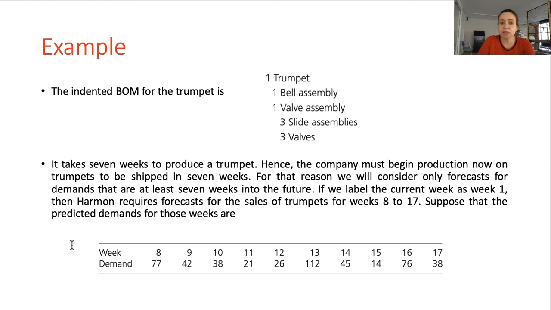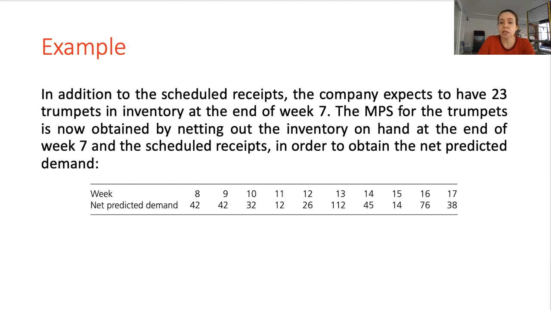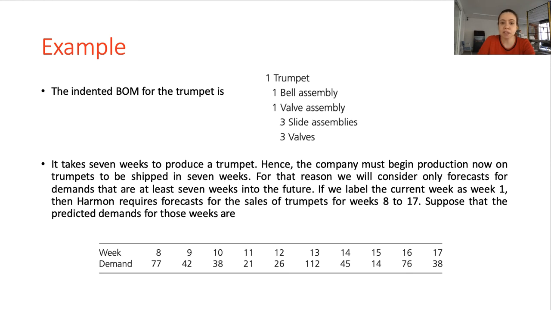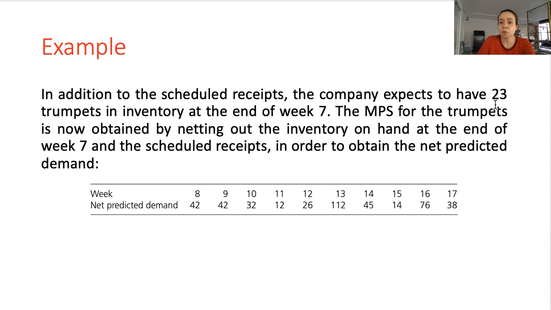Here we have the demand data and the data for the receipts, and we know that we will have an on-hand inventory at the beginning of week 8. Let's check, for example, the forecast for week 8, which is 77. But we know that we will receive 12 trumpets in that week, and we have an on-hand inventory of 23 trumpets at the beginning of week 8.